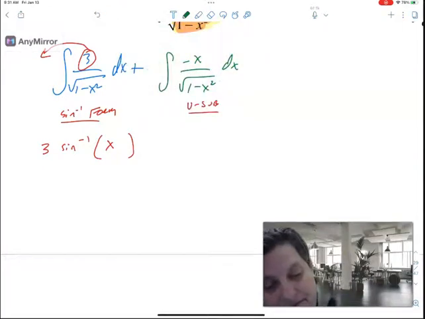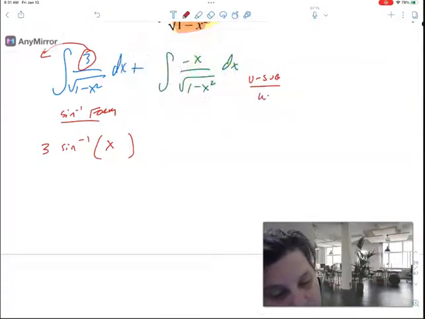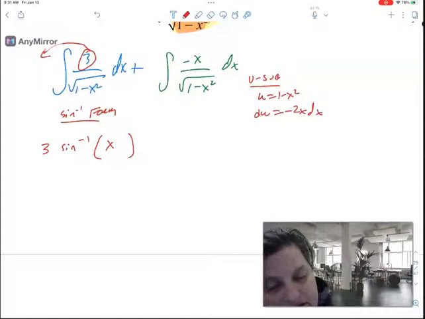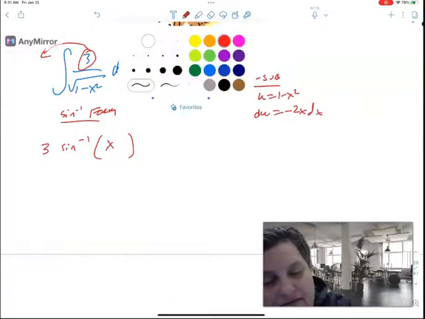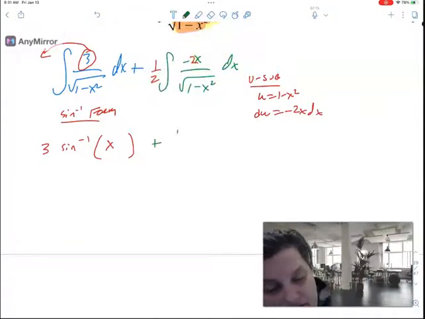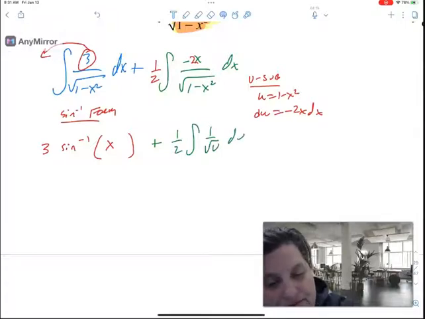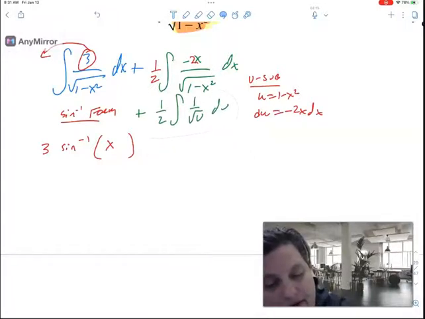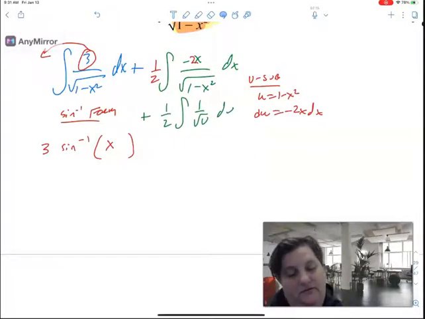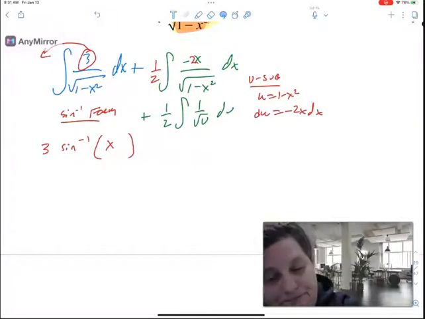This is now u sub. All right, u sub, let's move over here, is going to go, okay, u is 1 minus x squared, du is negative 2x dx to 1/2. So it's going to be 1/2, 1 over the square root of u du. Okay, the 1/2 from the outside, 1 over square root of du. All right.